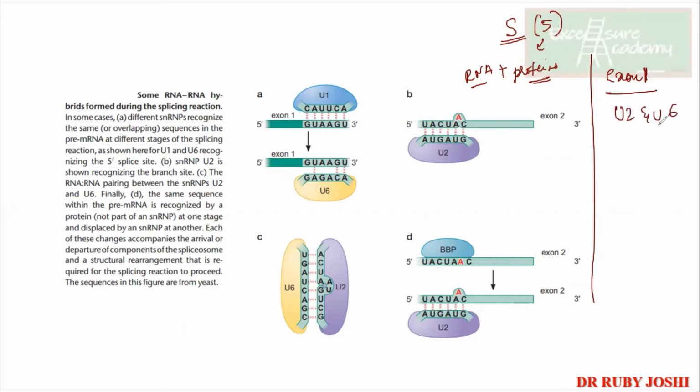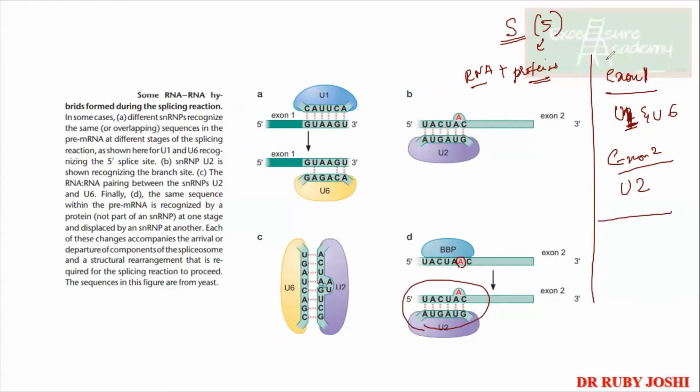Now why U2 and U6 also, we will come to know once we start understanding how the spliceosome machinery takes place. Now exon 2 is with the U2. In order to facilitate this interaction, BBP is going to kick off this A, and then it will help in the complementary base pairing with U2.